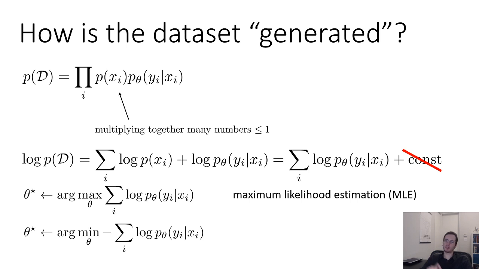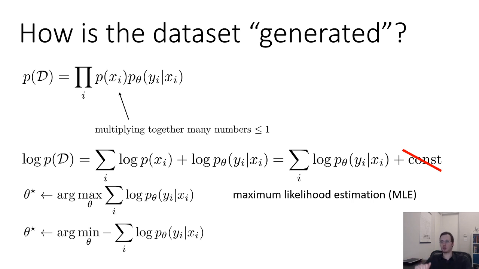Oftentimes, we will actually see this written as a minimization. This might at first seem a little silly because you just put a negative sign and then change the max to a min. It's exactly the same. But the reason that we often talk about minimizing something is because in the optimization literature, canonically optimization problems are formulated as minimization problems. It's just a convention.